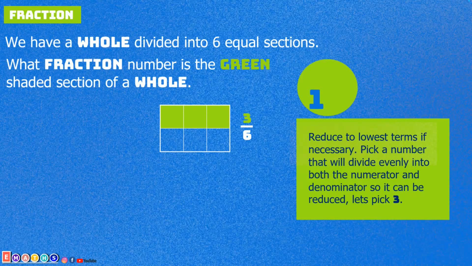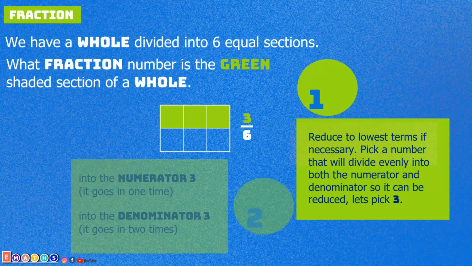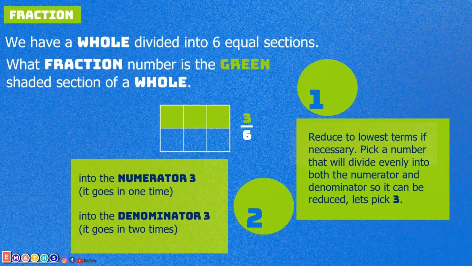Reduce to lowest terms if necessary. Pick a number that will divide evenly into both the numerator and denominator so it can be reduced. Let's pick number 3. Into the numerator, 3 goes in 1 time.